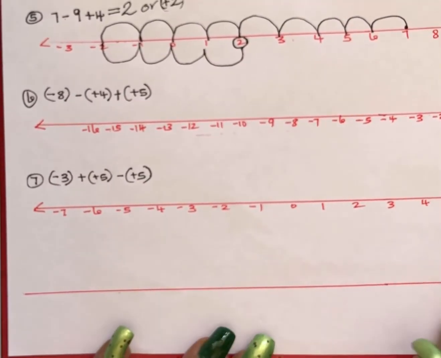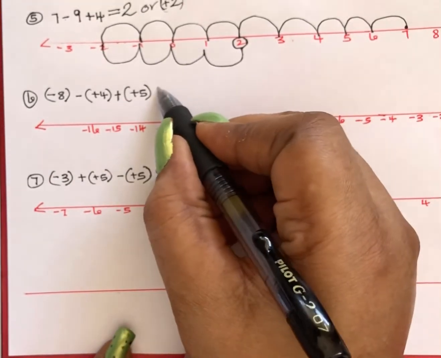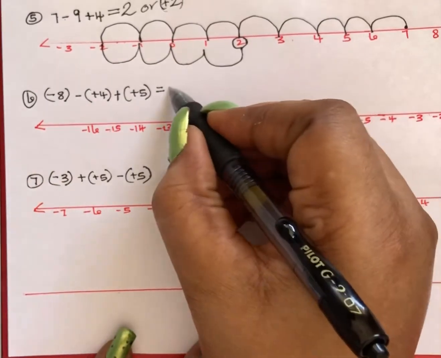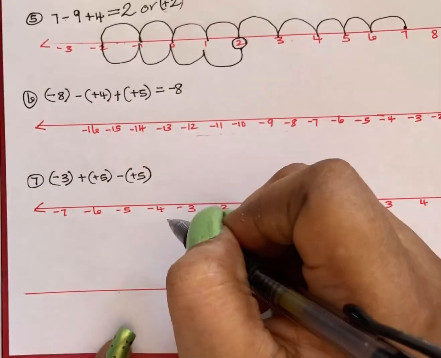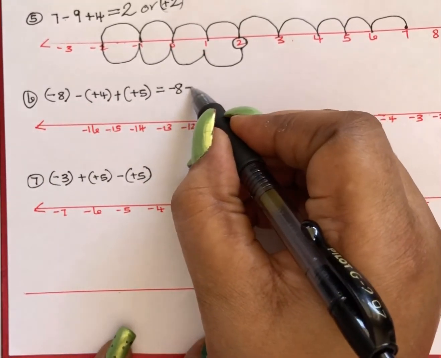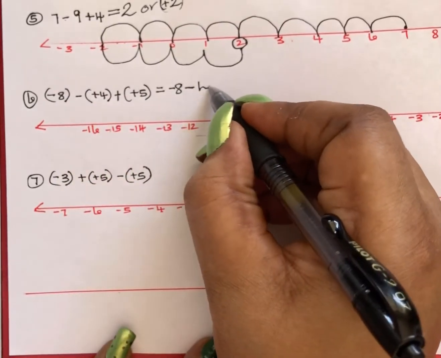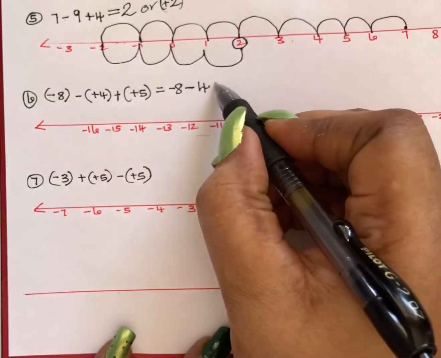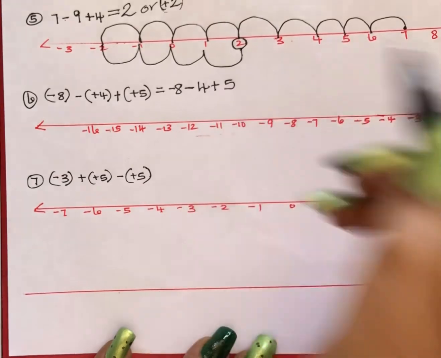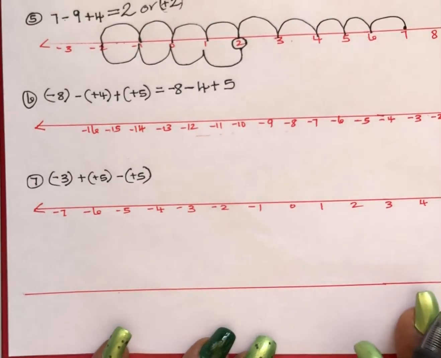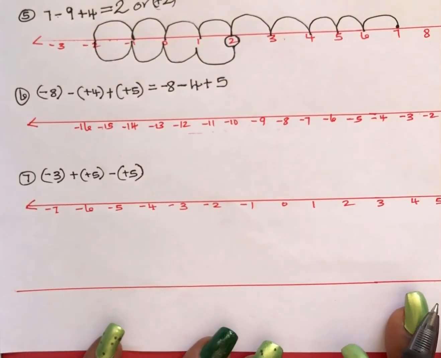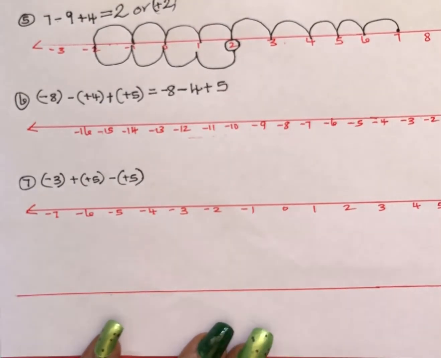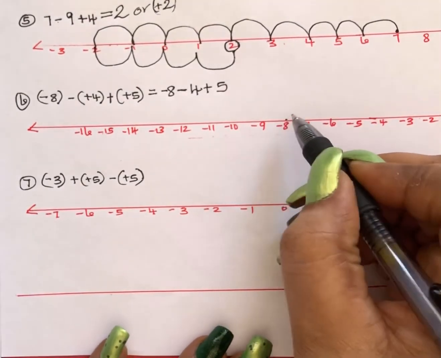We have a number of parentheses here. Let us remove the parentheses. And negative 8 will remain negative. We want to then subtract a positive 4. We now want to add a positive 5. This indicates that we are starting at negative 8.